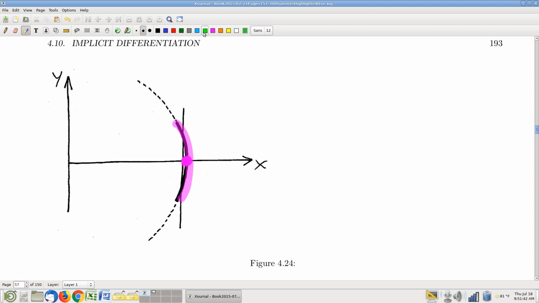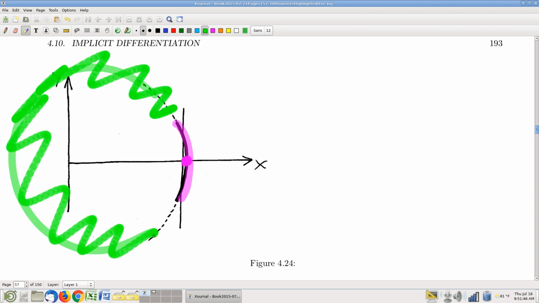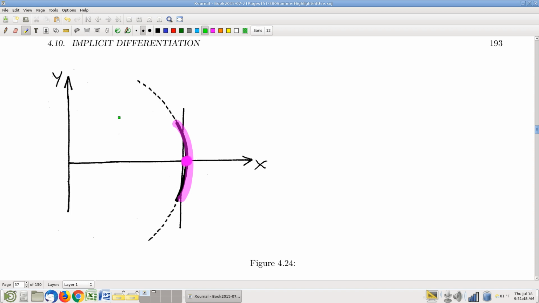However much of that you erase, as long as there's a little bit on either side, you need a little bit on either side in order to be able to talk about a tangent line, then you're still going to fail the vertical line test, no matter how much you erase.